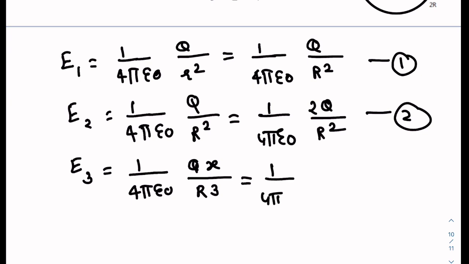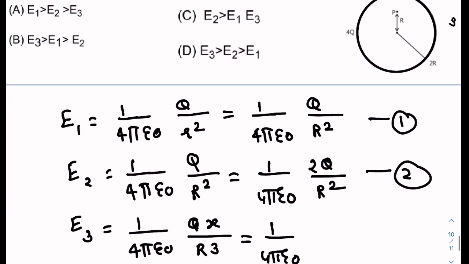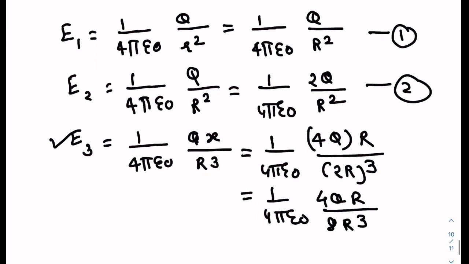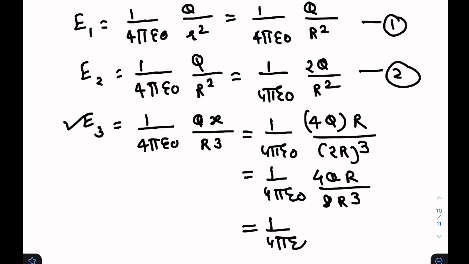Now the charge on the third sphere is 4q, the distance from the center is r, and the radius is 2r. Therefore radius cube is 2r cube. We get 1 by 4 pi epsilon naught 4qr by 8 r cube. Therefore we get 1 by 4 pi epsilon naught q by 2r square.